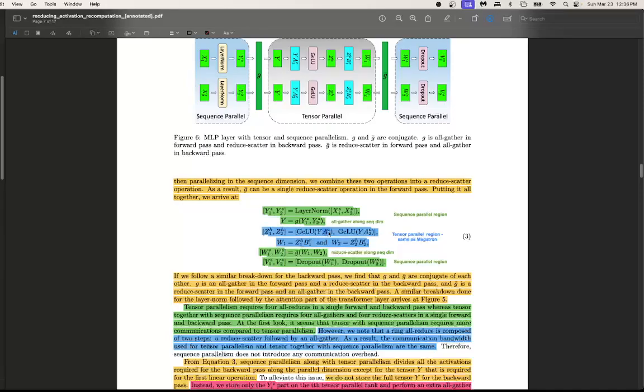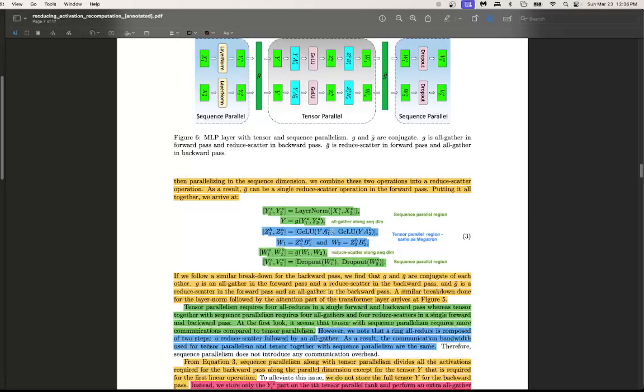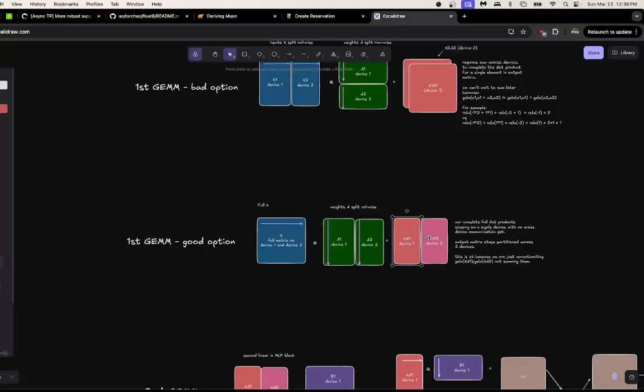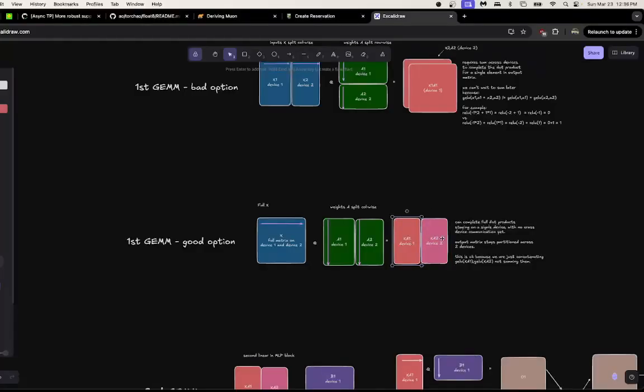That's multiplied by our A matrix, our first linear layer weight, which is partitioned column-wise, which is what we had in Megatron. And then GELU is applied individually, which is what we did here. Now this output is still partitioned column-wise, as we show here.